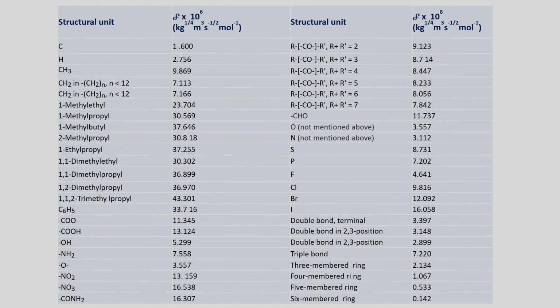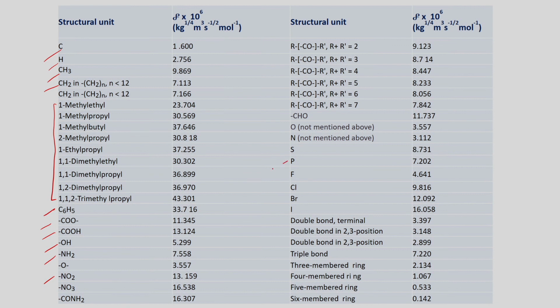So, these different Parachor volumes are given in kg to the power of 1 by 4 meter cube second to the power of minus half. These are different values for the carbon atom, hydrogen, methyl group, CH2, and so on. Different groups are there: benzyl group, acid group, ketone group, alcohol group, amine group, nitro group, amide group, like this, 7 things are there.